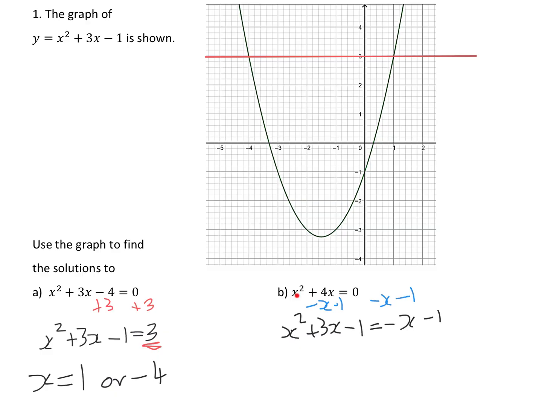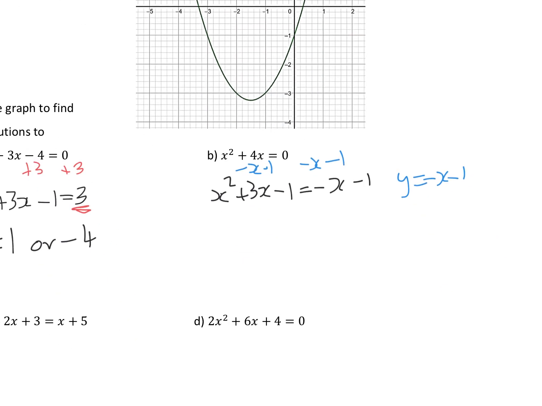Now, this equation is equivalent to this equation because it's balanced, and we can solve this equation because this is the graph that's shown, and this we can plot. We can plot y equals minus x minus 1.